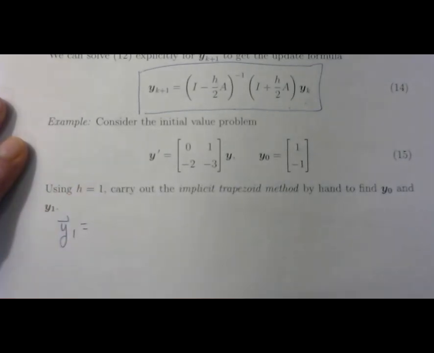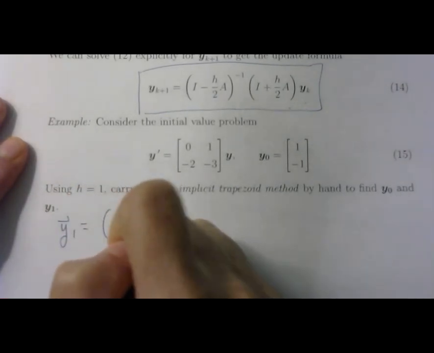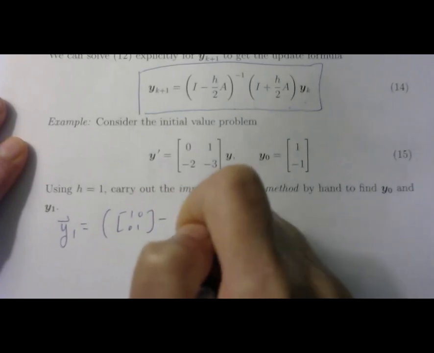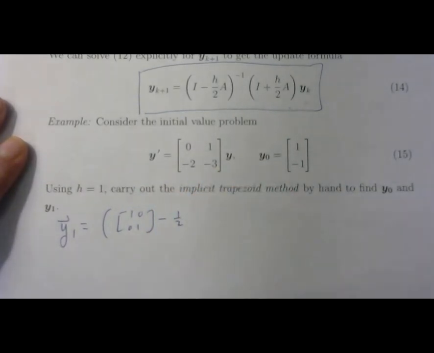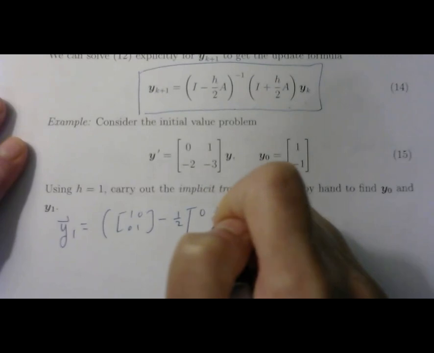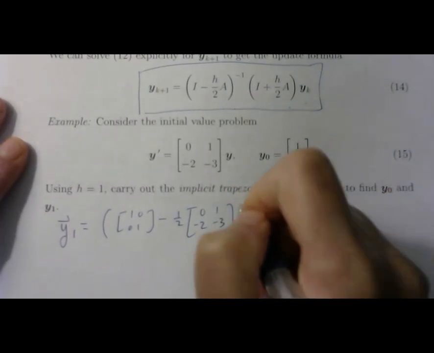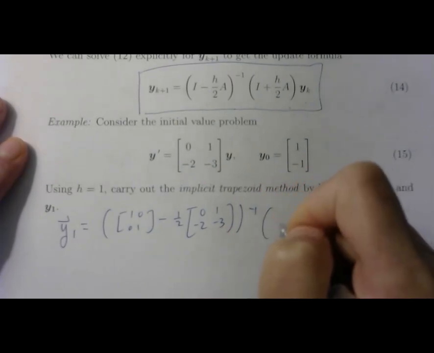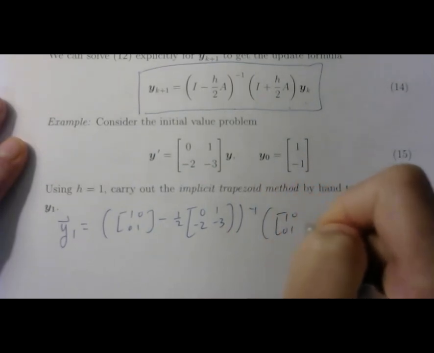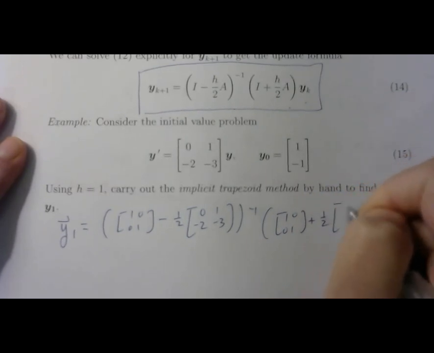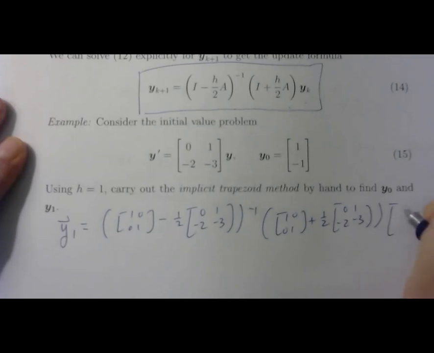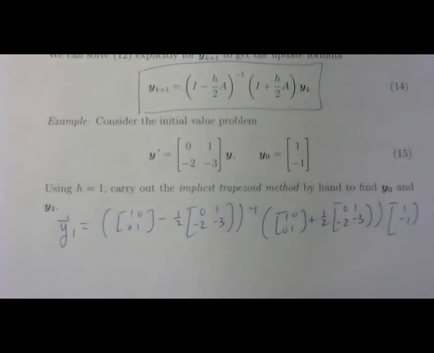So y1 is going to be the identity, [1, 0; 0, 1], minus h over 2, so 1/2, times A, [0, 1; -2, -3], inverse, times this with the plus, times y0, [-1; 1]. Okay, so what do I get for that?